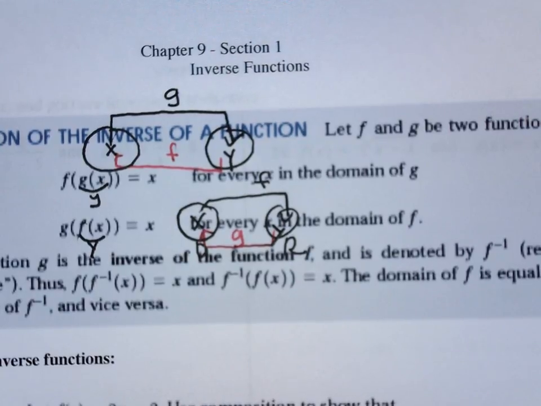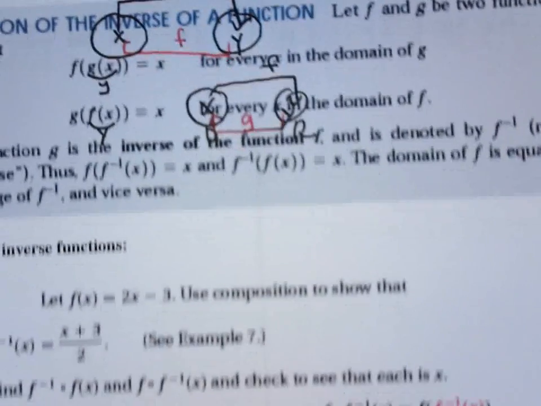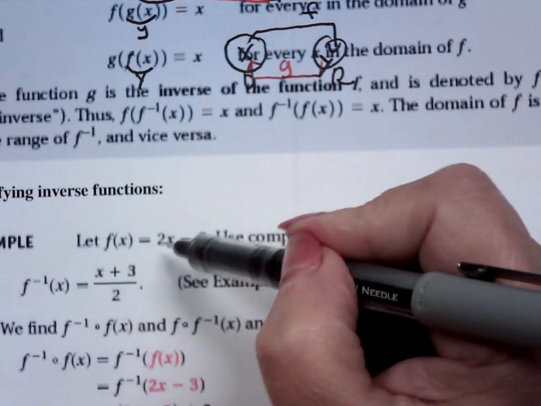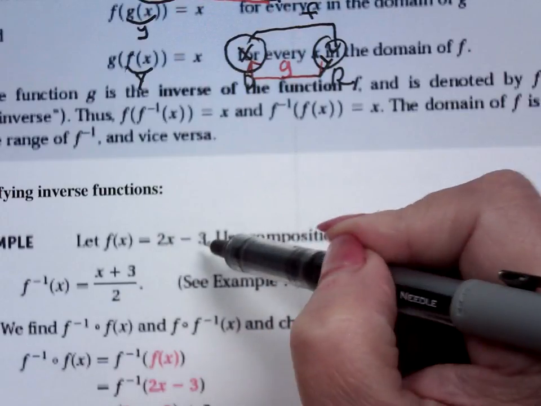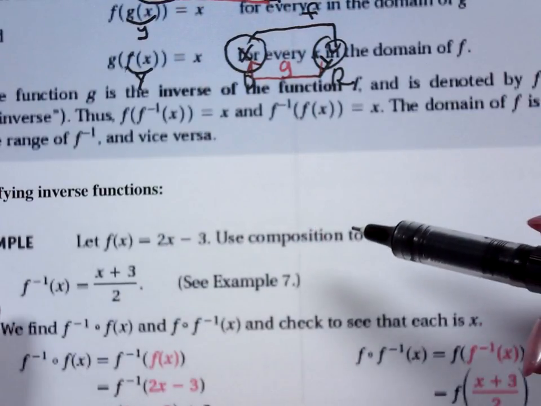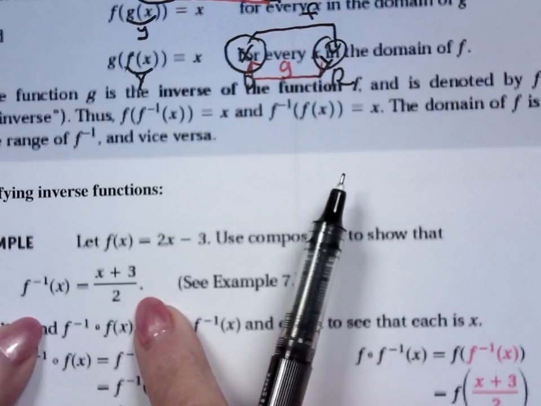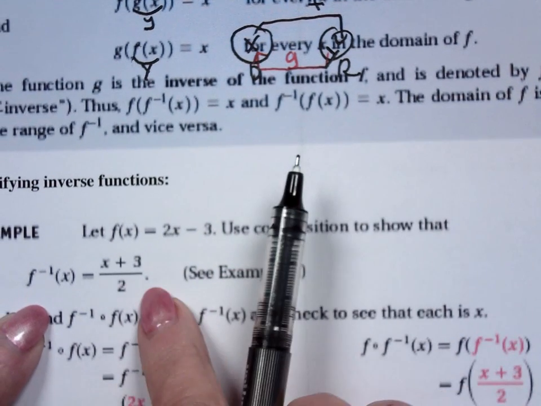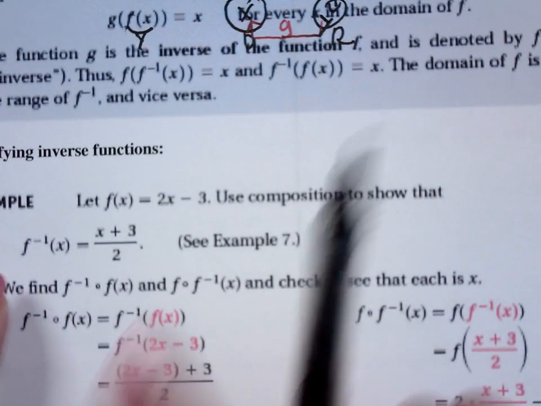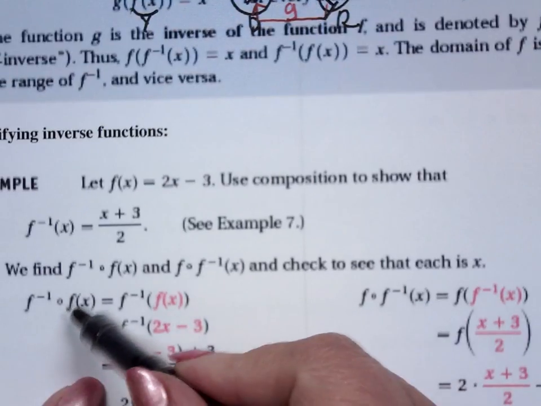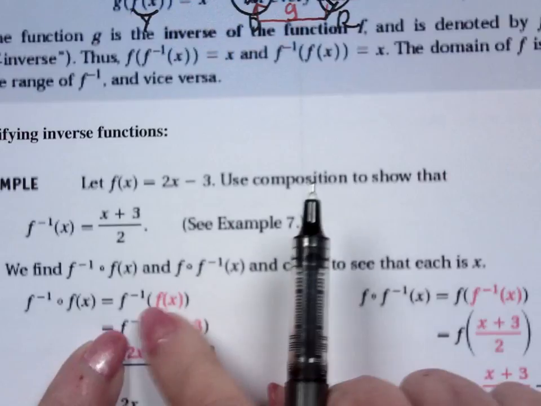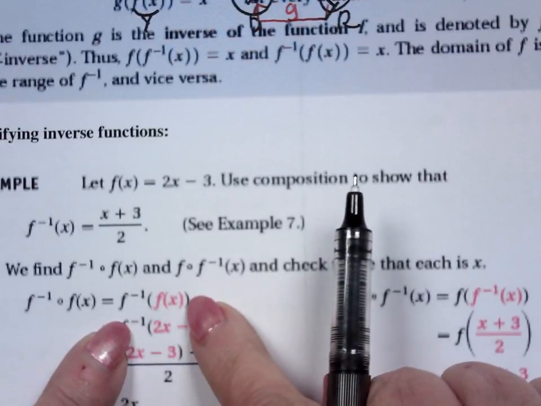So how do we verify that something is an inverse? That's what this is. I let f of x be equal to 2x minus 3. We say, okay, its inverse is x plus 3 over 2. So to check it out, we're going to do f inverse of f of x.